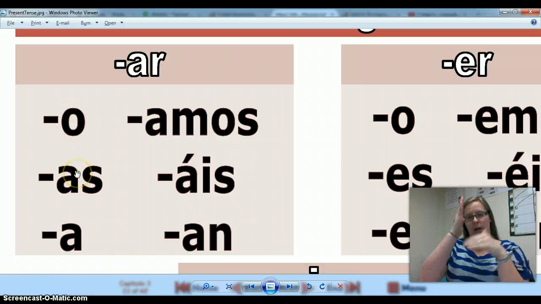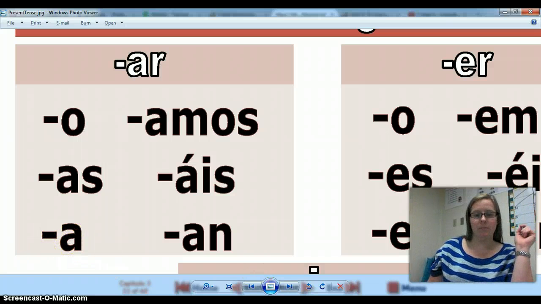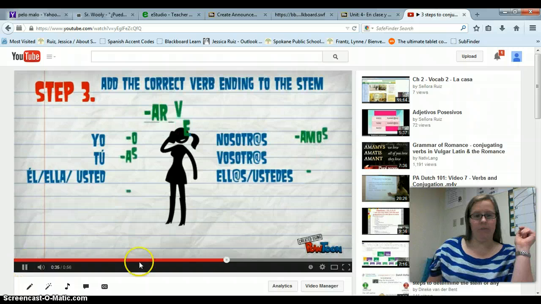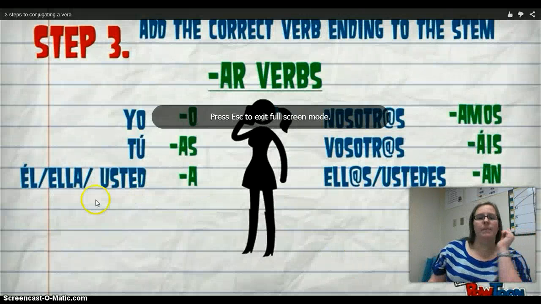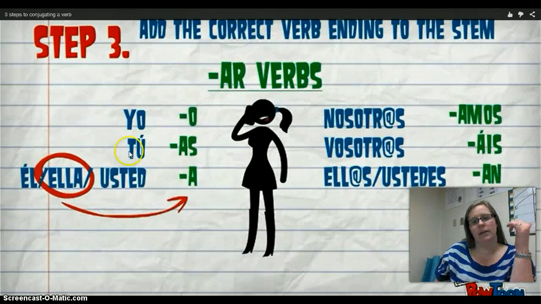Now these endings are organized in a way that looks exactly like your other T charts. So you'll notice that this is the ending for that bottom box for él, ella, or usted. Okay? So I'm going to go ahead and close that, and we'll go back to our video. So again, these are our endings.